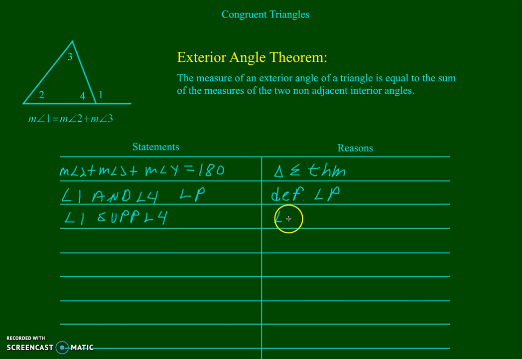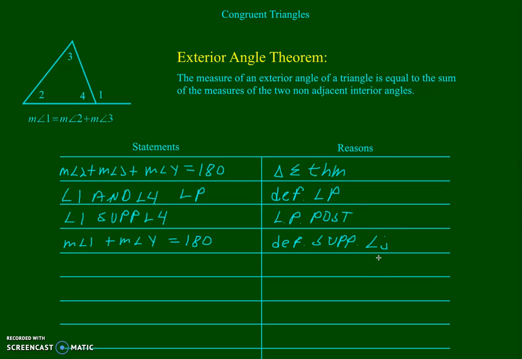That's the linear pair postulate. The linear pair postulate says linear pairs are supplementary. Because linear pairs are supplementary, we know that the measure of angle 1 plus the measure of angle 4 equals 180. So that's the definition of supplementary angles.